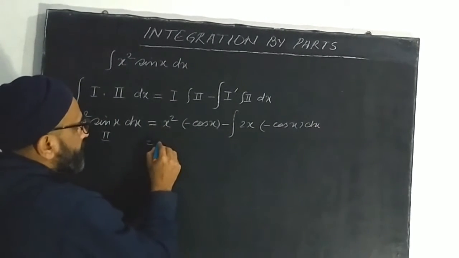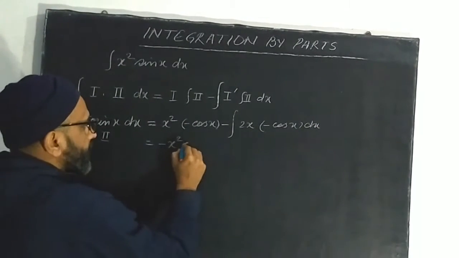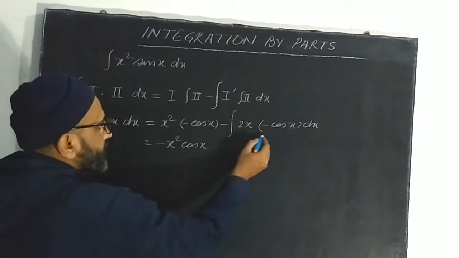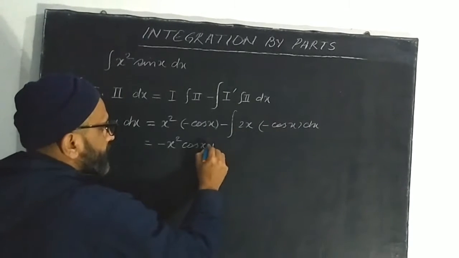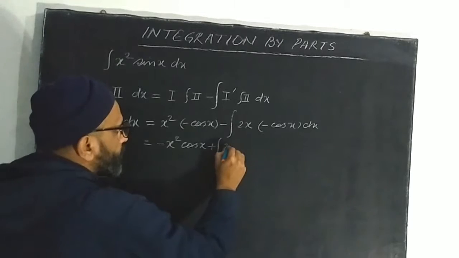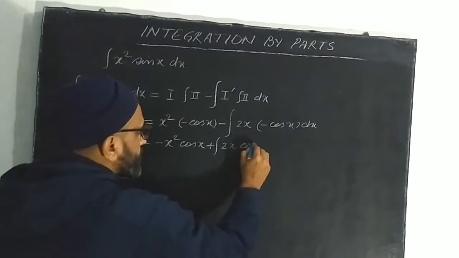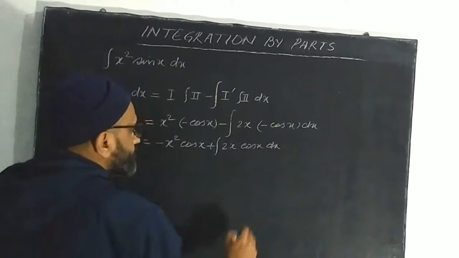So simplifying we get minus x square cos x, this minus will multiply, this minus becomes plus, integral 2x cos x dx.